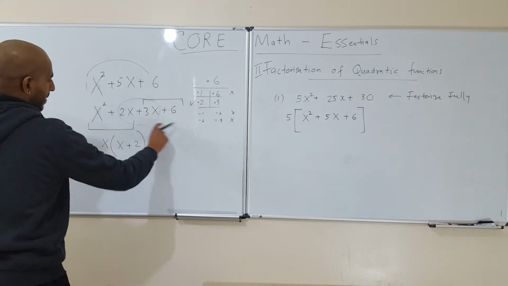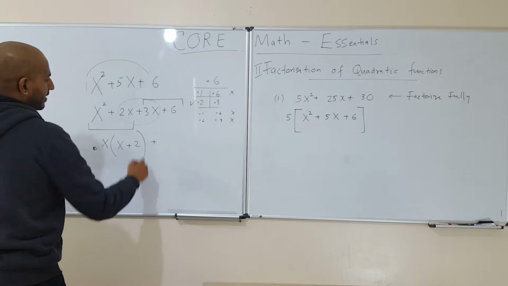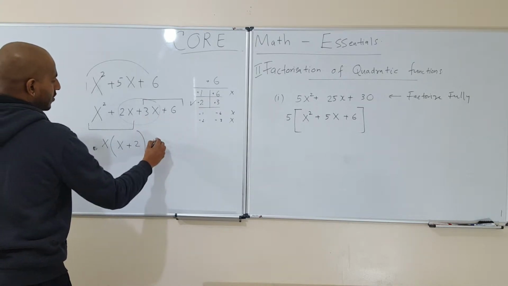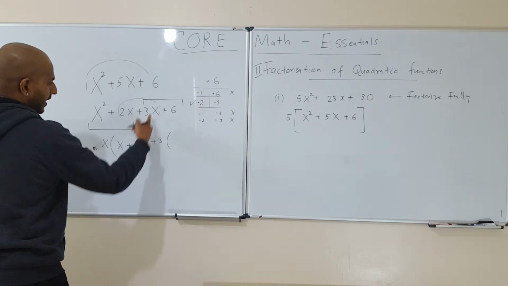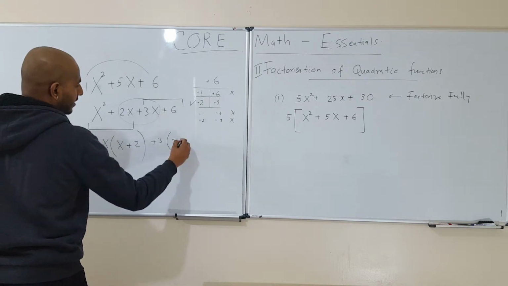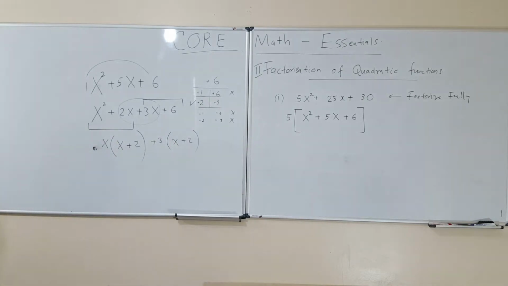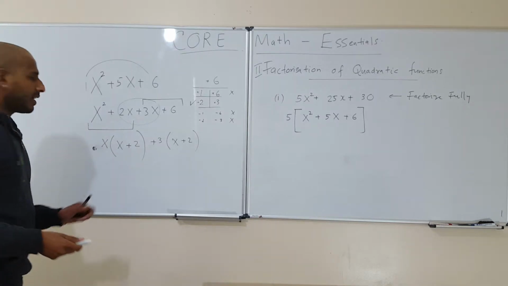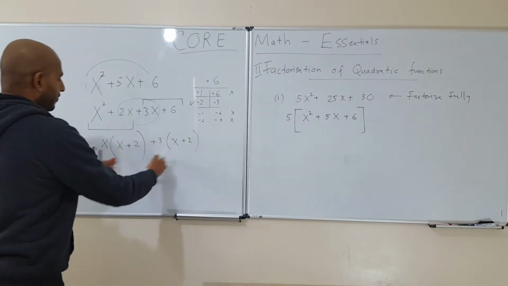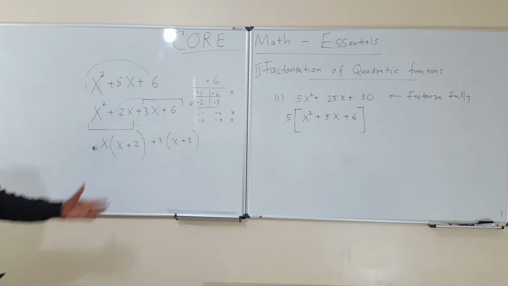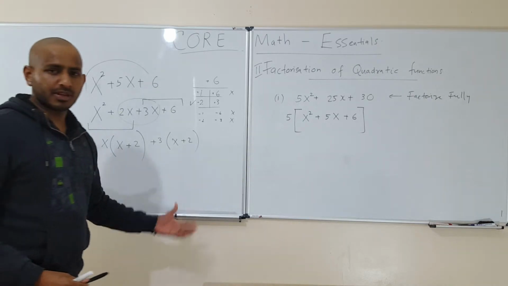And if you look at this pair, what's the common factor? Plus 3, isn't it? Plus 3 is common. Take it out. You're going to get x there, and you're going to get 2 there. Now you can see x plus 2 is common in both of them. I think in the previous clip I showed a similar situation.